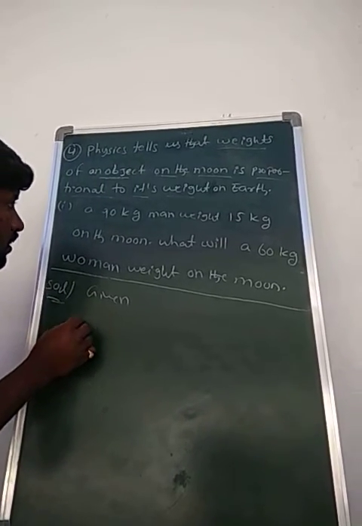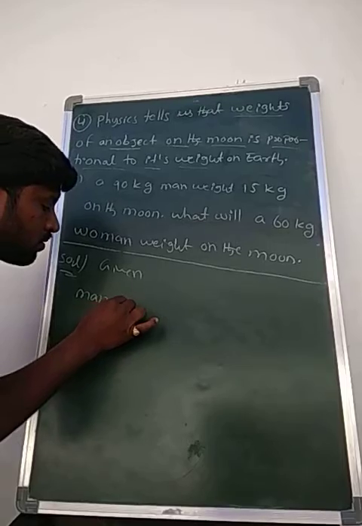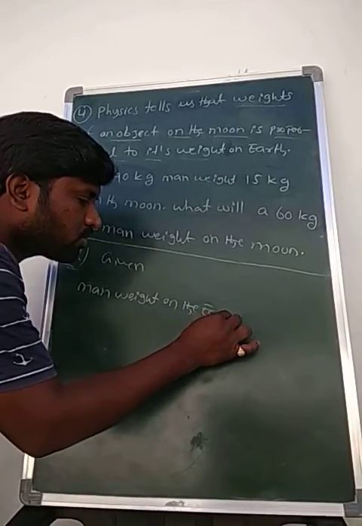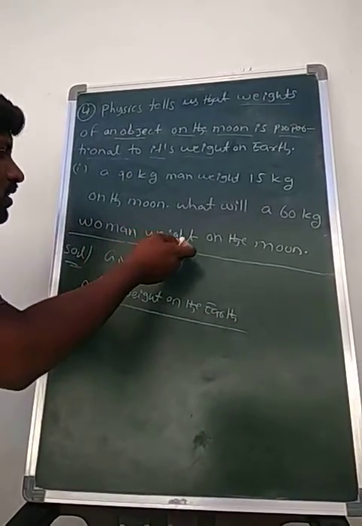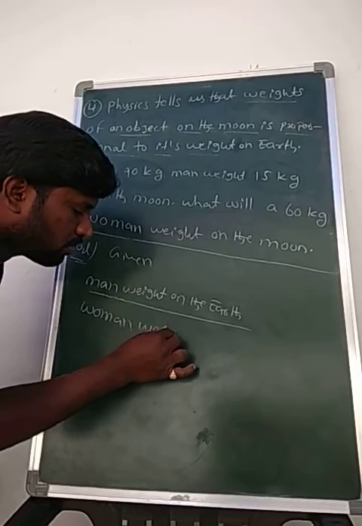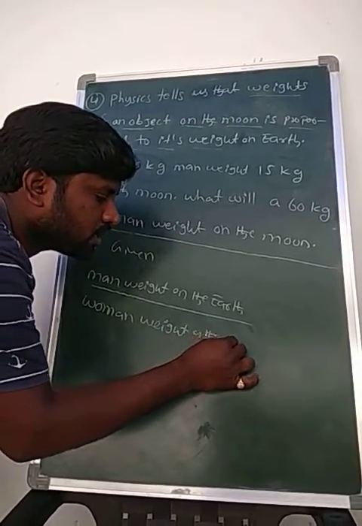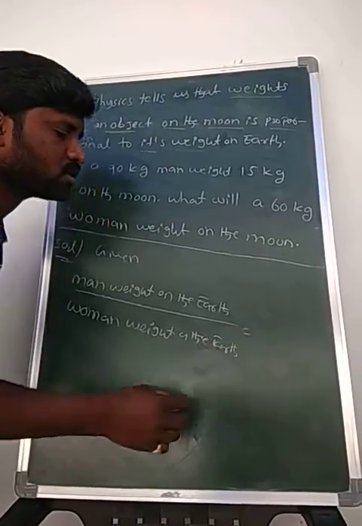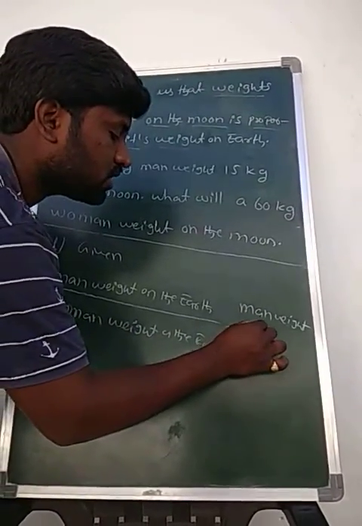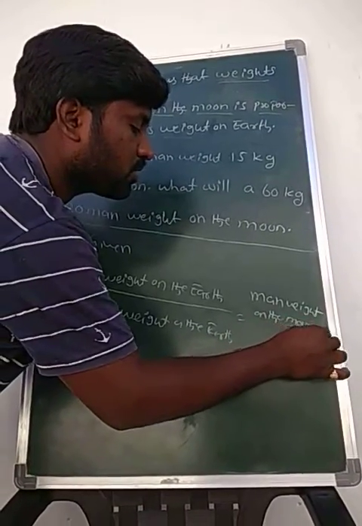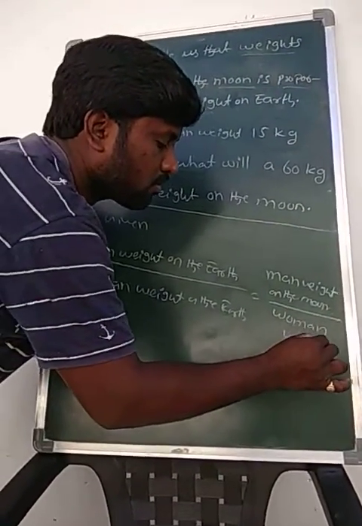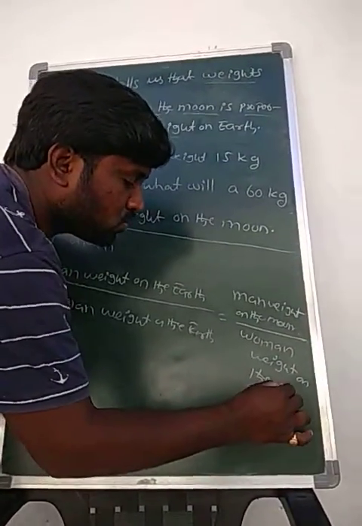I'm writing: man weight on the earth by woman weight on the earth is equal to man weight on the moon by woman weight on the moon.